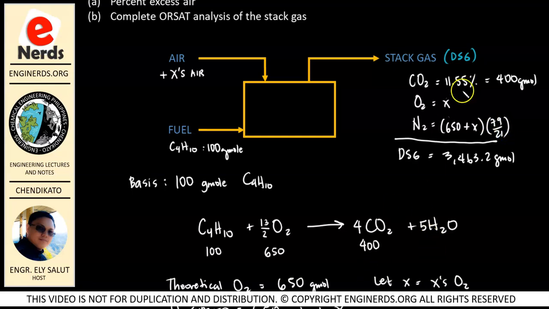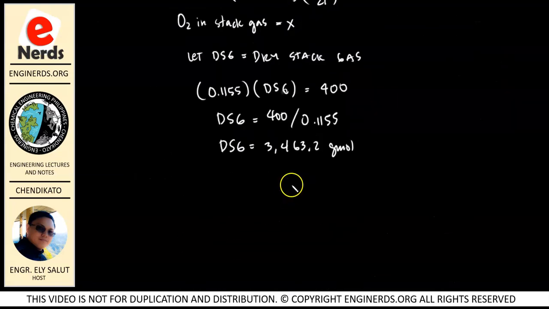Alright? So, if I'm going to add all of this, 400 plus X plus 650 plus X times 79 over 21, since these are the number of moles ng ating mga components dito sa stack gas, that means it will be equal to 3,463.2 gram mole. Right? So, we will have our dry stack gas balance.